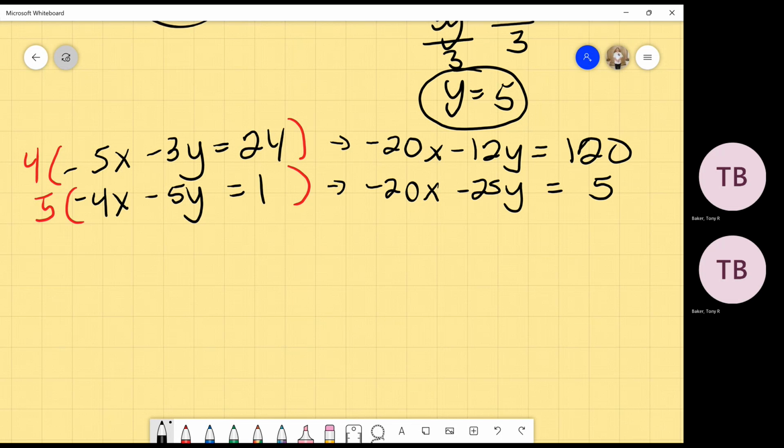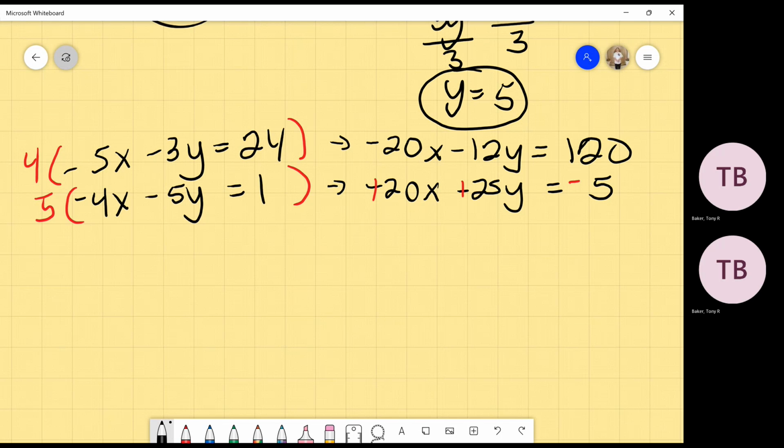I now have a letter with the same number, and it'll work every single time. The signs are the same, so now we just change the signs. So now I'm going to go positive, positive, negative.